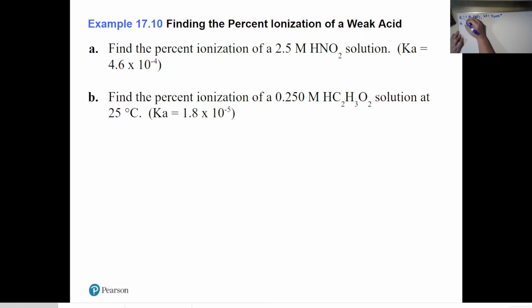And then for B, we have 0.25 molar acetic acid, C2H3O2H, with a Ka of 1.8 times 10 to the negative 5. Okay, so let's take a look at this.